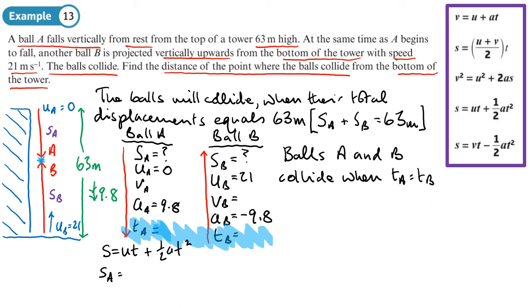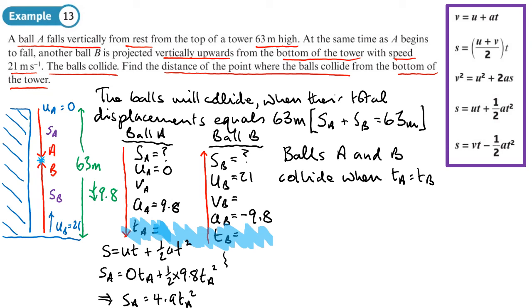U is going to be 0 times T, that's called TA, plus half times 9.8 TA squared. So we can simplify that and we'll get SA equals 4.9 TA squared. That's our first equation.